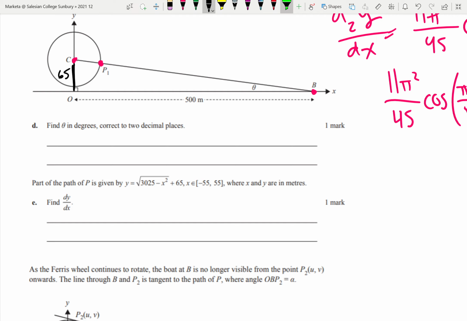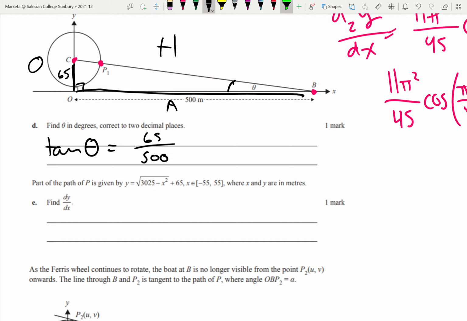We also know obviously that this is 500. So that's actually pretty easy. We can solve for theta. It's just using trig. Let's label the triangle H, O, and A. So SOHCAHTOA, this involves using tan. So tan theta equals O over A. So 65 on 500.